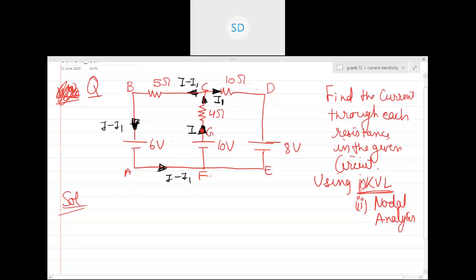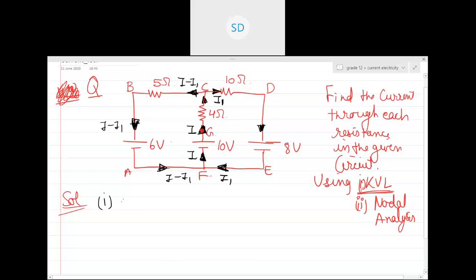Similarly, this I1 will travel through the 10 ohm resistor, through the 8 volt battery, and then come over here. Here I minus I1 and I1 will combine again and become I. Can you see whatever current you left from one battery is reaching the battery again? So is my current distribution correct? Yes, sir. Okay.